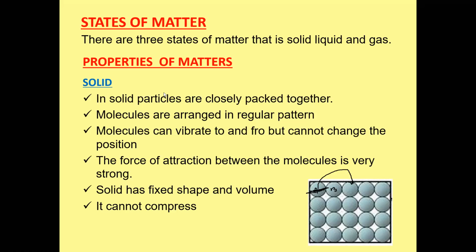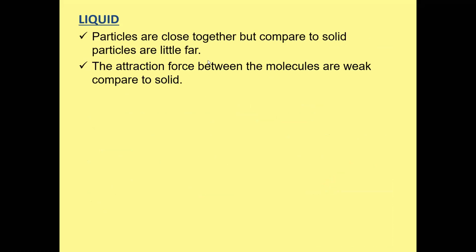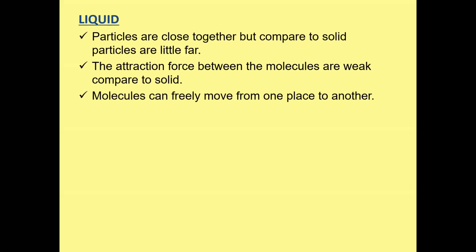Then the second state of matter, which is the liquid state. In a liquid, the particles are close, but compared to a solid, a little farther apart. This means there's a small gap between the particles, and the attraction between the molecules is weaker compared to that of a solid. Molecules can freely move around from one place to another.